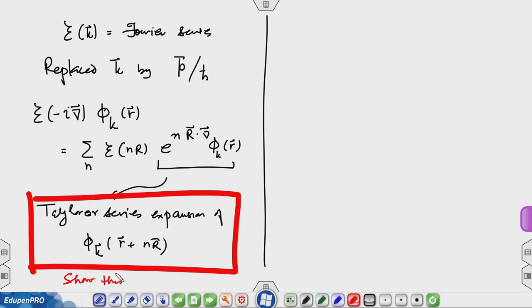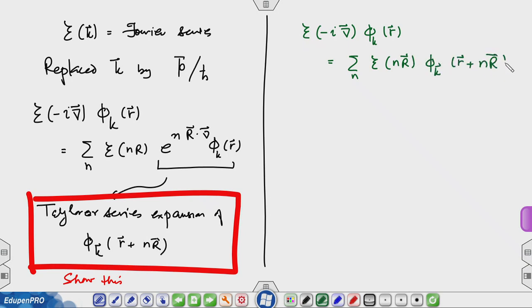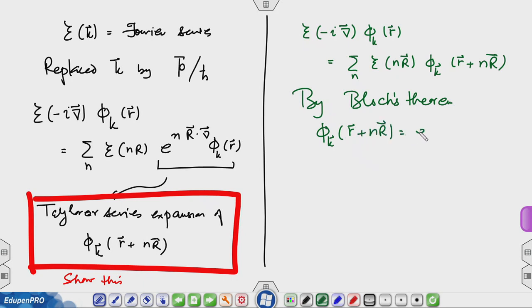And therefore, what you get is that the energy minus I del operating on phi k r is equal to summation n E n r phi k r plus n r. And by Bloch's theorem, I have phi k r plus n r equals e raised to I k dot n r phi k r.